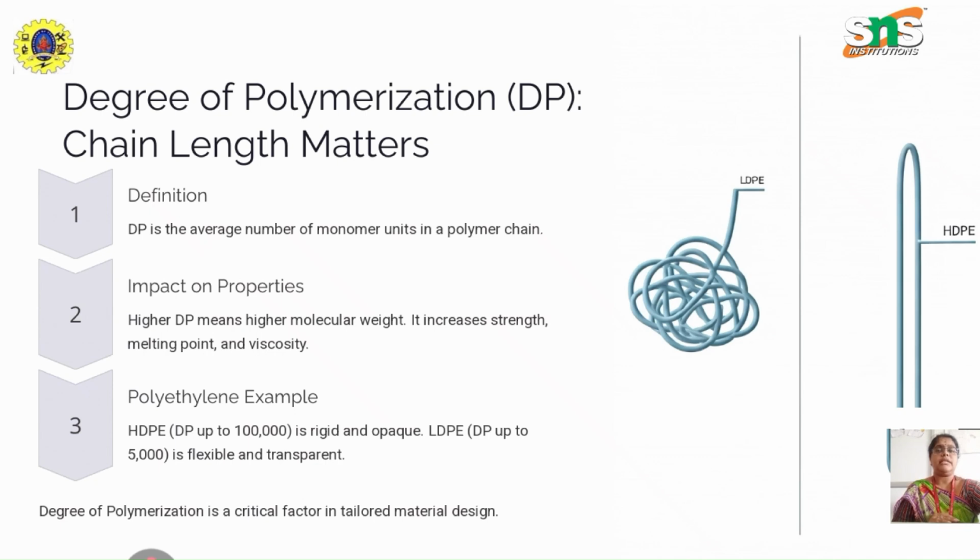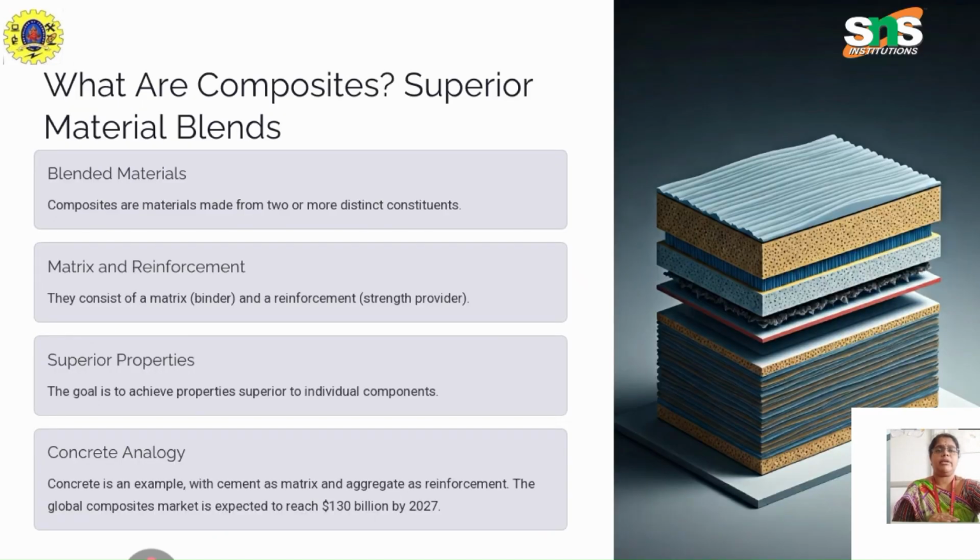So from this example, it's clear how the degree of polymerization matters in determining the material's characteristics. Degree of polymerization is a critical factor in tailored material design, so it's important to choose the degree of polymerization in an appropriate way.